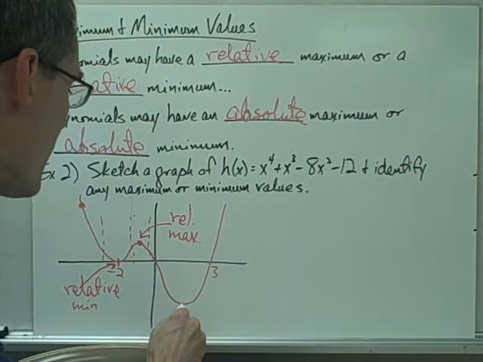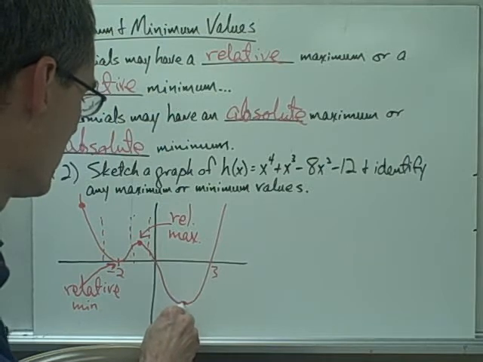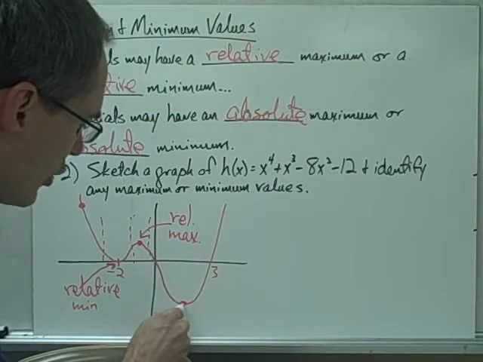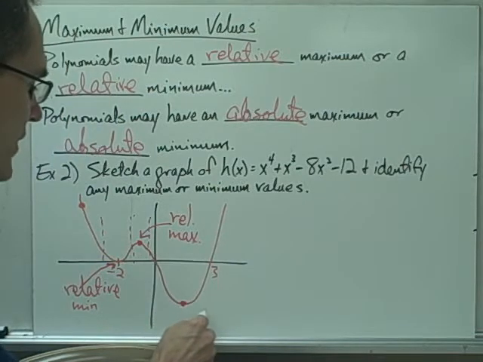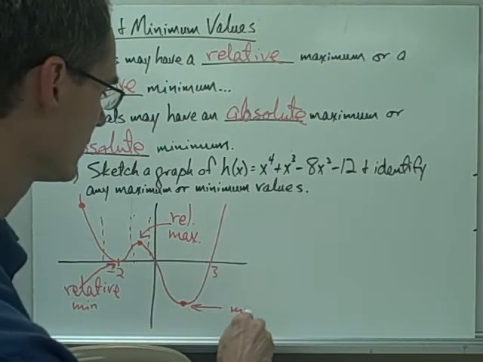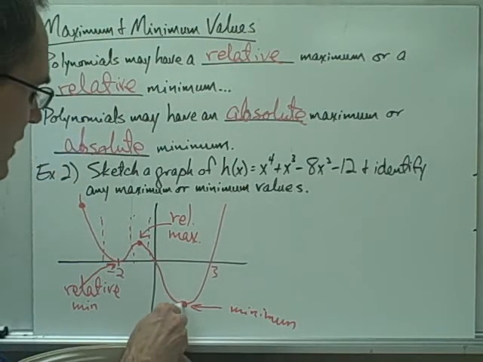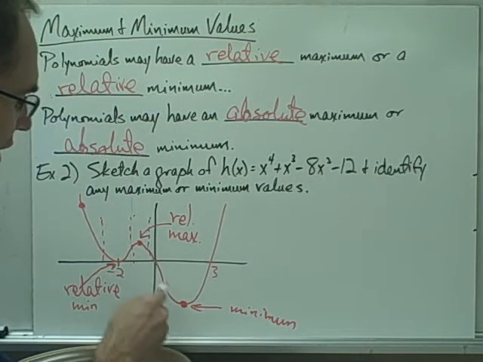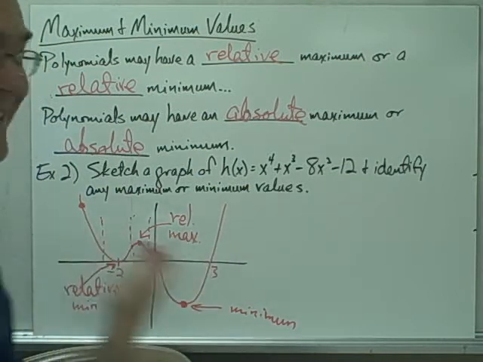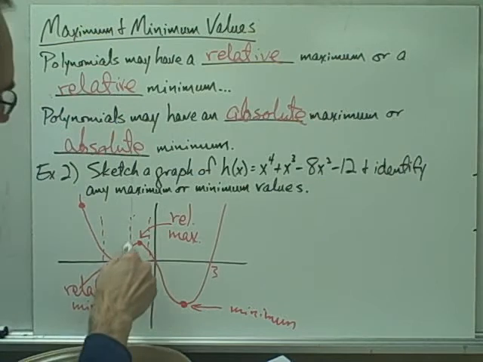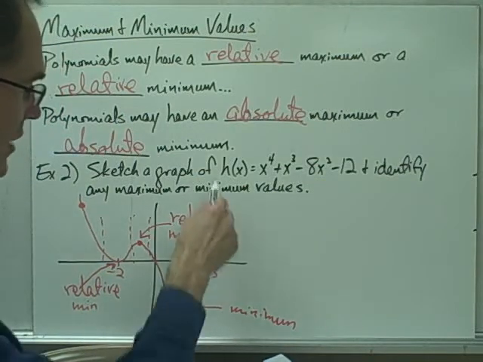Now, here's another point right here where notice the graph comes down to this kind of low point and then goes back up. Well, this is a minimum point as well, but notice that this is actually the minimum point. This is the lowest point in the graph for the entire graph. That is, the graph starts over here and it comes down, goes up again, and then comes back down, and then goes up again.